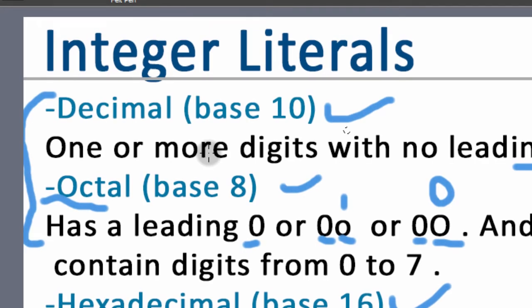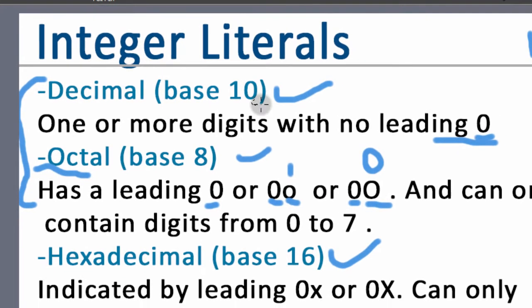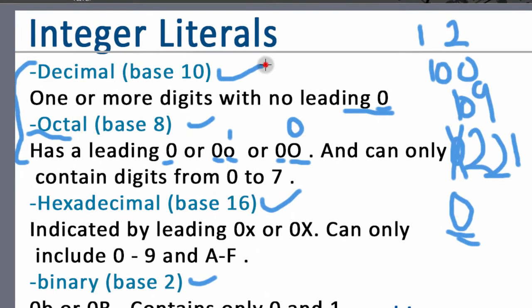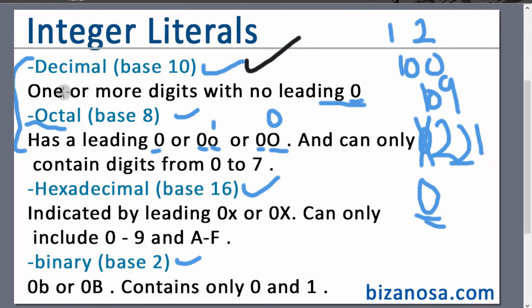Just a recap: a decimal number can be one or more digits with no leading zero, and it only contains digits from 0 to 9. So that is a decimal number.